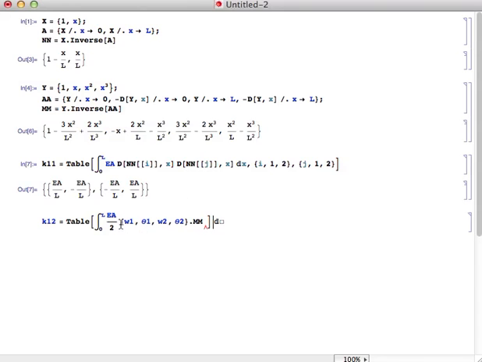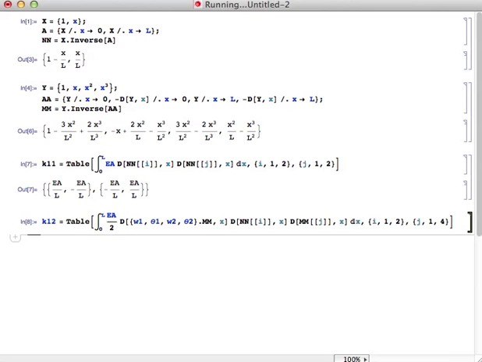And then we're going to take the derivative of the entire thing with respect to x, okay? And then we also have this. So now this is going to be a 2 by 4. So I, which is going to be the rows, is going to go from 1 to 2, and J, which is going to be the columns, is going to go from 1 to 4.